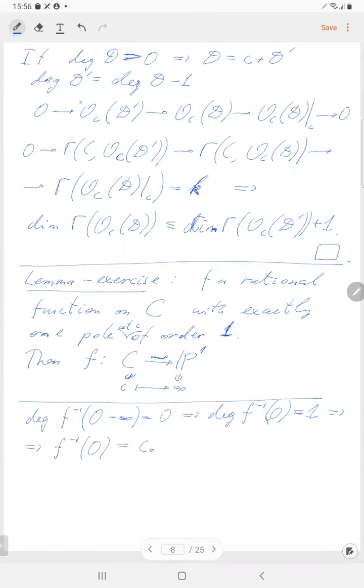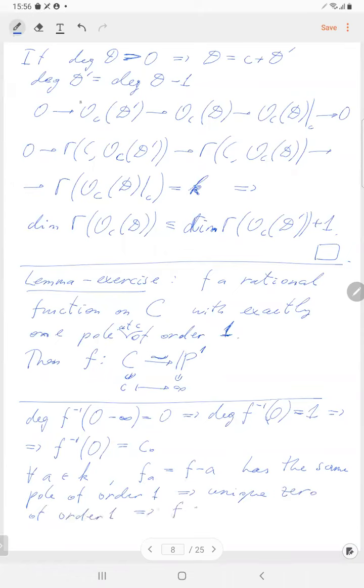Now for any number A in our field, let's consider F_A, that is F minus A. Then still it has the same pole of order 1, and hence it has a unique zero of order 1.